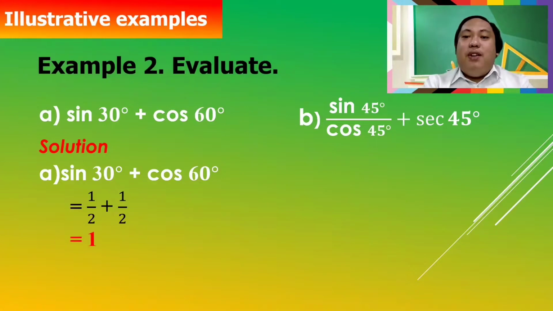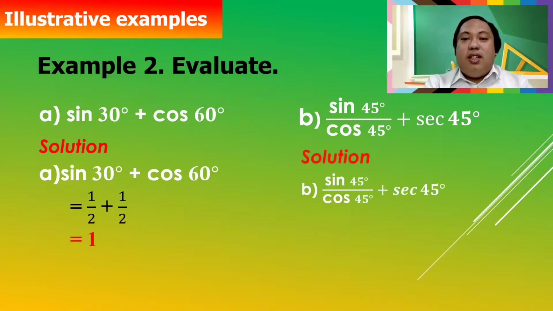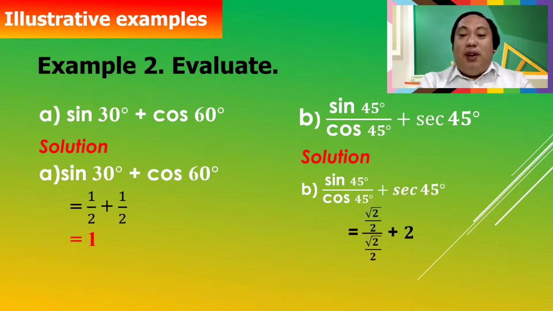B. Sine 45 degrees over cosine 45 degrees plus secant 45 degrees. We have the solution. So we have square root of 2 over 2 for sine 45 degrees over square root of 2 over 2 for cosine 45 degrees plus 2 from secant 45 degrees.